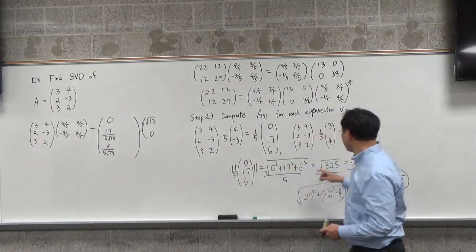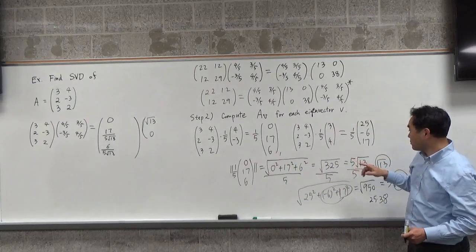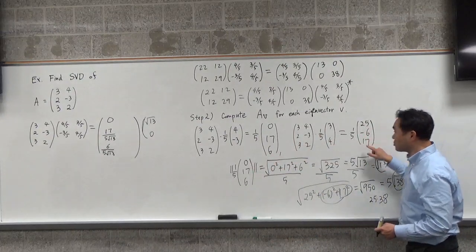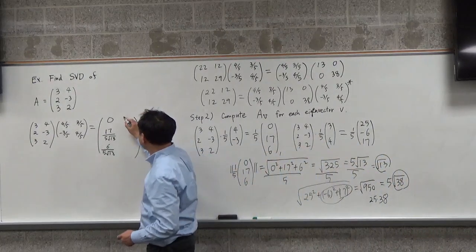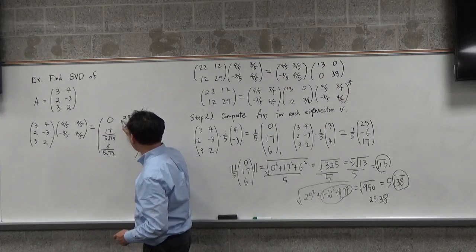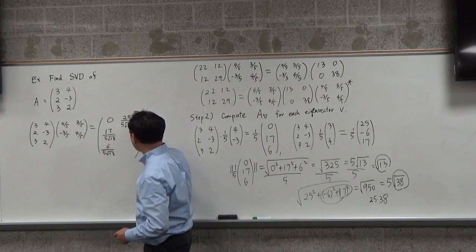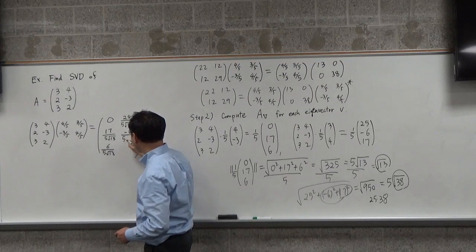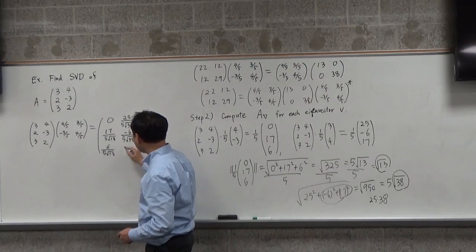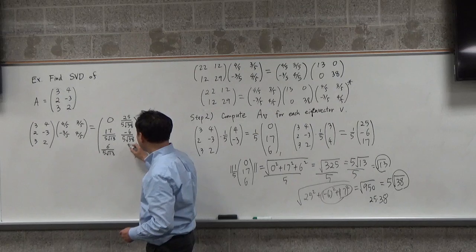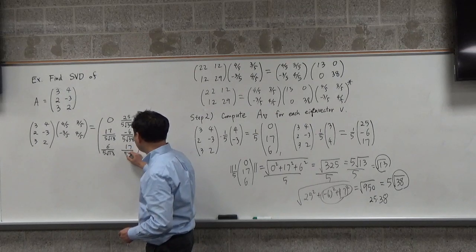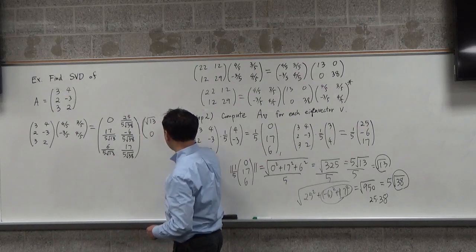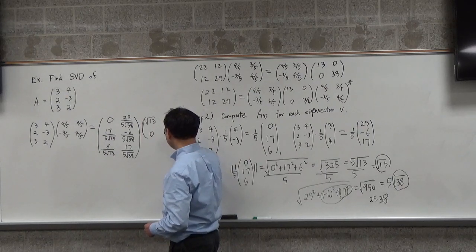And then for this second one, what was it? It's 25, negative 6, 17. Those are divided by 25 over 5 times square root of 38, negative 6 over 5 times square root of 38, and then 17 over 5 times square root of 38, and then this will be multiplied by square root of 38.